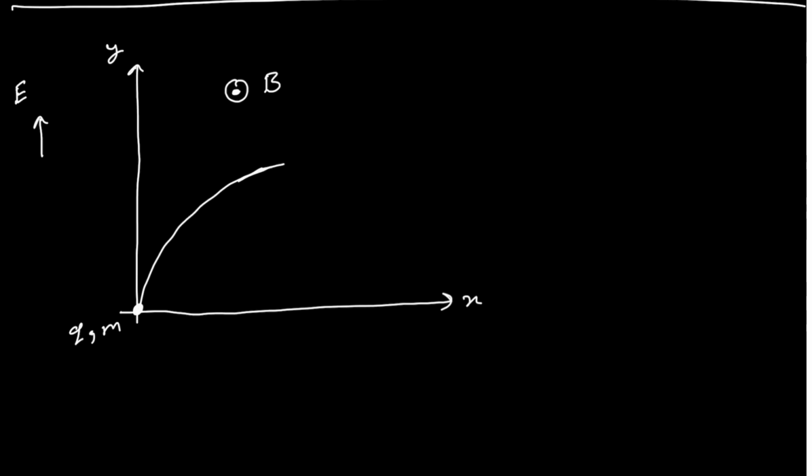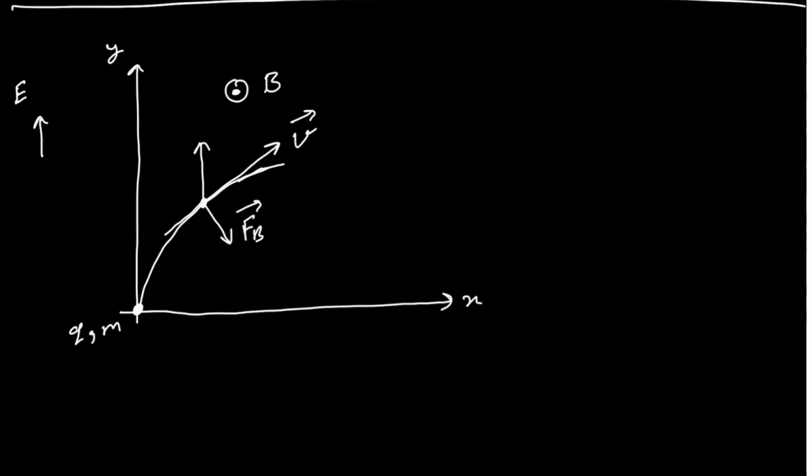So let's say at an instant the charged particle reaches somewhere here. Because of work done by this electric force, this charged particle gains some velocity. It will be tangential to this path. Let's say the velocity is v. Now as we know, the magnetic force acts perpendicular to velocity. So this will be the magnetic force acting on the charged particle, and the electric force will act along the electric field.